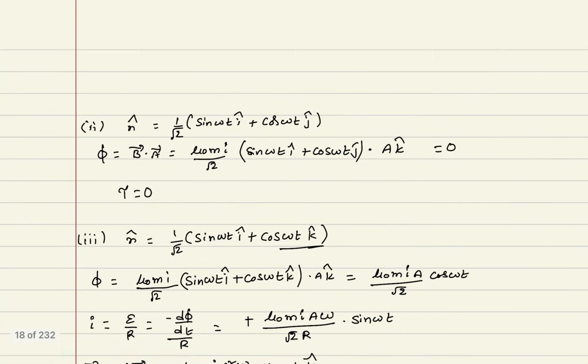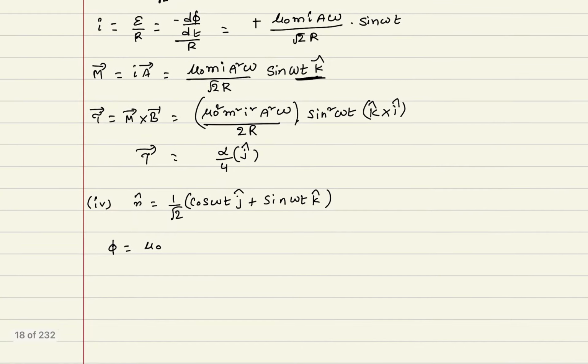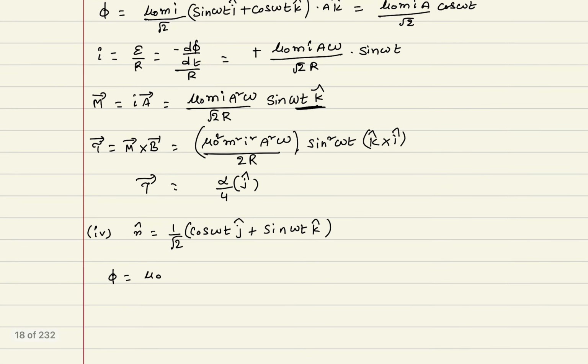Okay, now again the 1 by root 2 cos omega t term is given. You substitute there. Flux is equal to B bar dot A bar. B bar is mu naught into, directly I am writing, the reason is we have done it earlier also, mu naught Mi divided by root 2 into (cos omega t j cap plus sin omega t k cap) dot A into k cap.